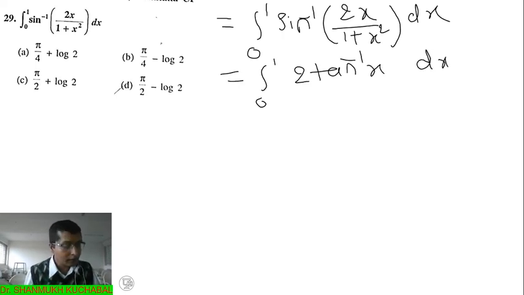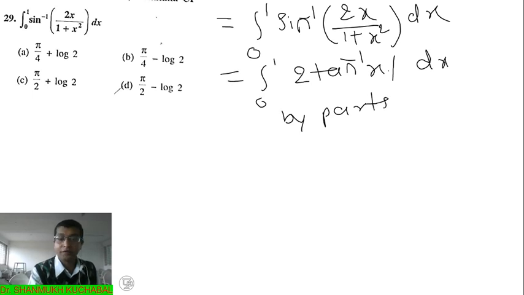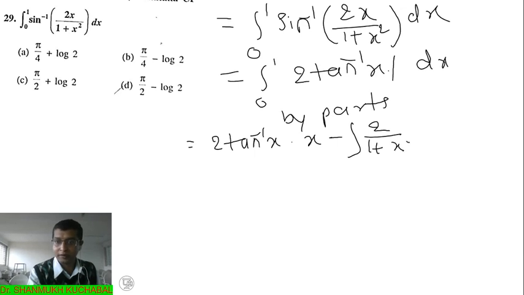For the integration of the inverse function tan inverse x, we have to use integration by parts. I have taken the second function as 1. Integrating by parts, we get first function as it is, second function integrated, x, minus integral of first function differentiated, 2 by 1 plus x square, times second function integrated, x, into dx.